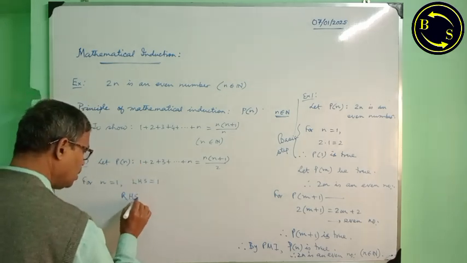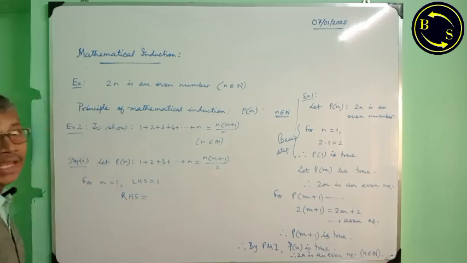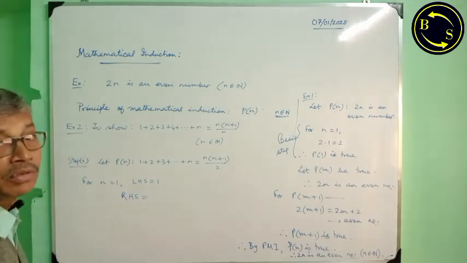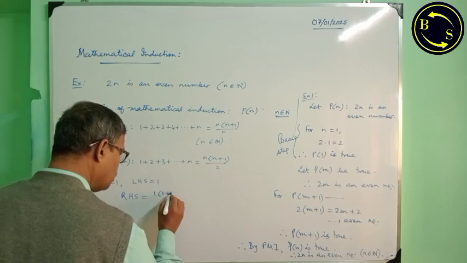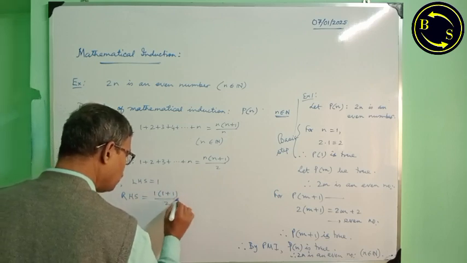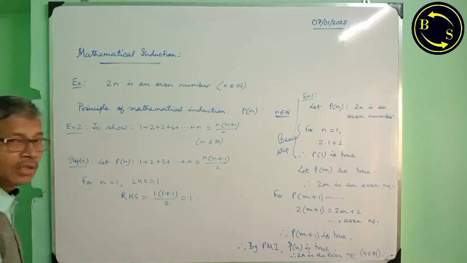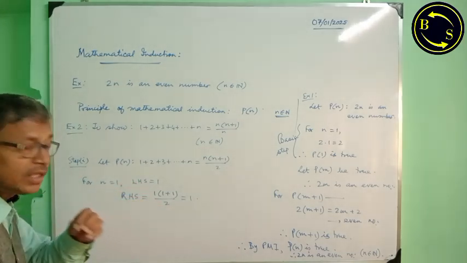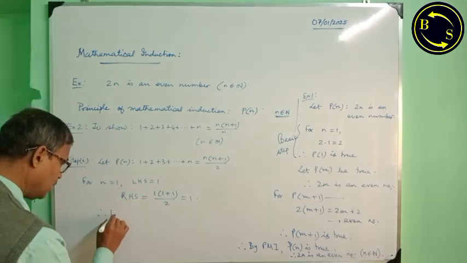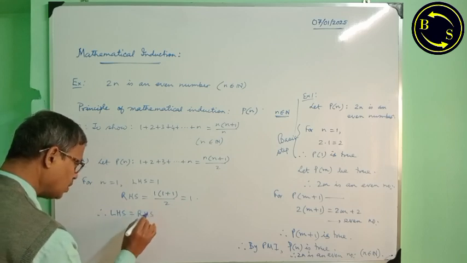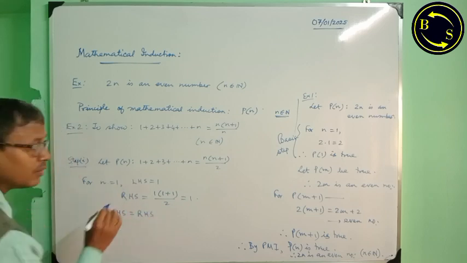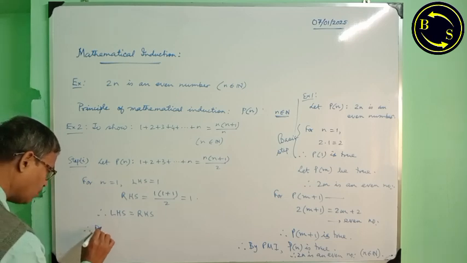RHS will be equal to, put n equal to 1 on the right part. Therefore, it will be 1 into 1 plus 1 by 2, that is equal to 1. Thus, we see LHS equal to RHS. Therefore, the conclusion: P1 is true.